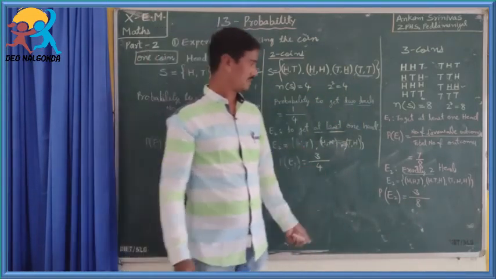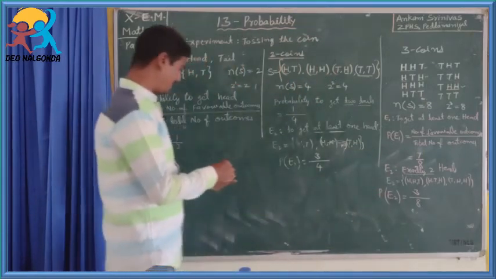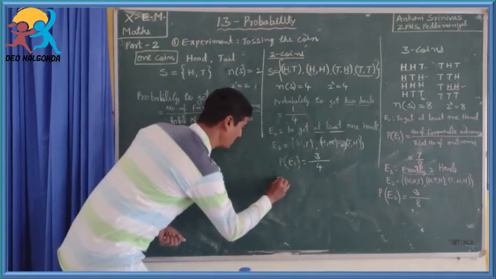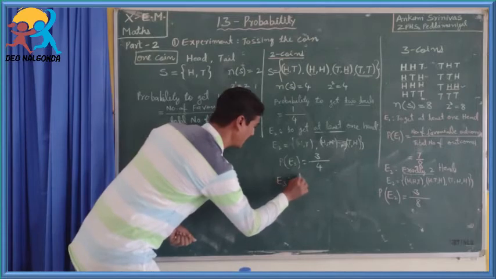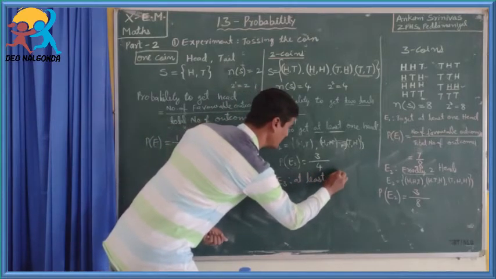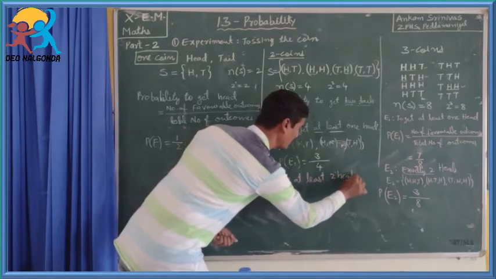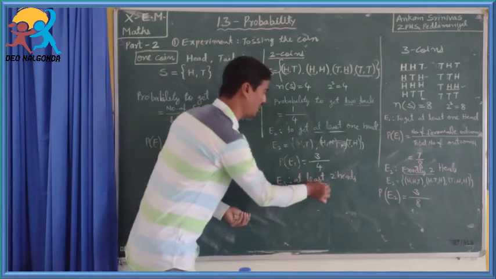Now one more question. Now let us suppose event 3. The third event I am taking is at least 2 heads. Here clearly see, at least two heads.